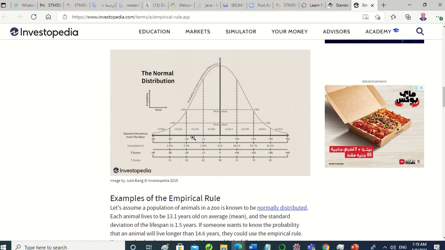The second standard deviation goes from this axis till this axis, which is wider, and the third one, which is the largest, goes from the last point here, this axis, until this axis. So we have three ranges: the narrowest, the medium, and the widest.